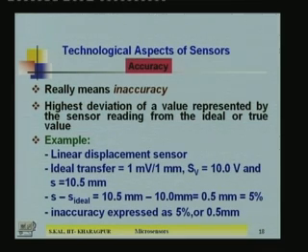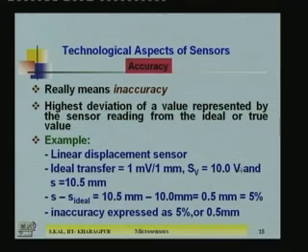Now, if you apply in a certain sensor an input of 10 volt and your observed displacement is 10.5 millimeter. Ideally, 10 volt means you should get 10, but 10.5 minus 10 is 0.5 millimeter, which is the deviation.